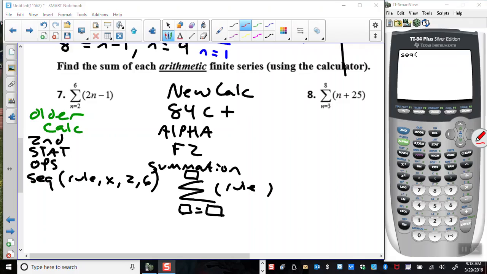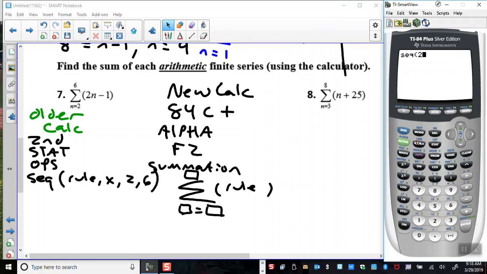You can use x instead, no big deal. 2x minus 1, comma, tell the calculator what the variable is. The variable is x, comma, n goes from 2 to 6, so you do 2, comma, 6. Press enter. It gives you the sequence.